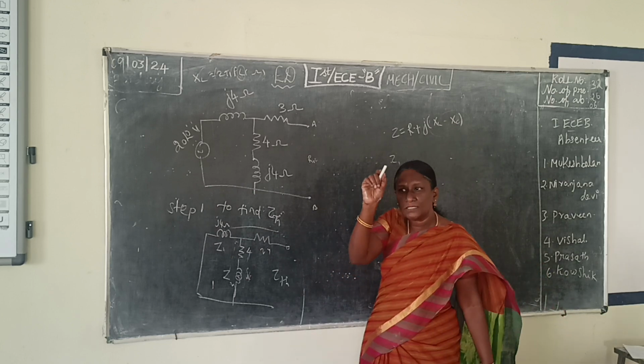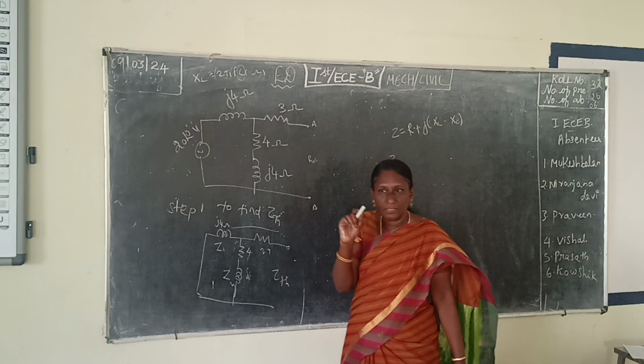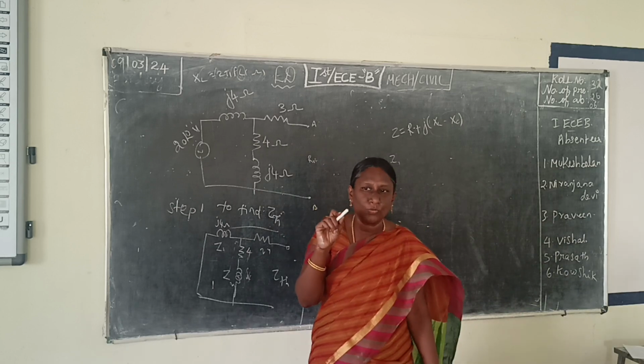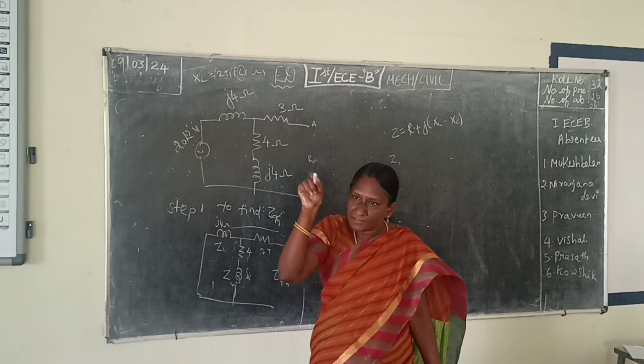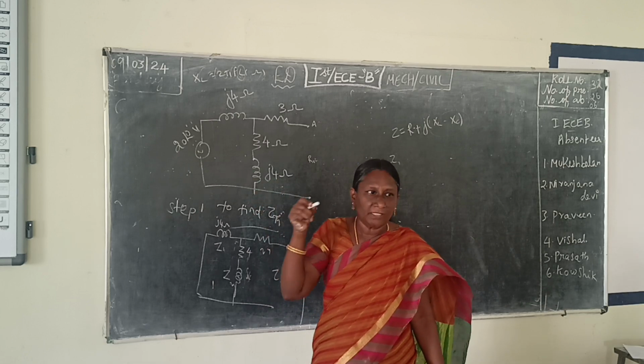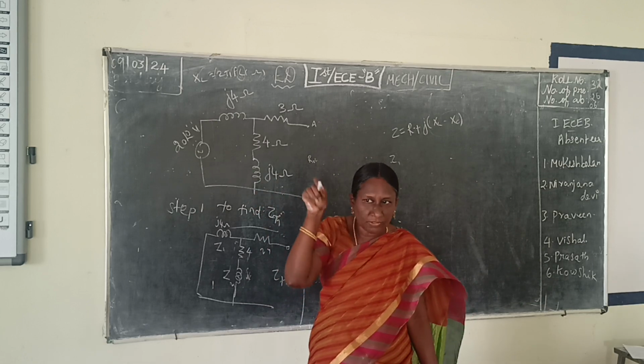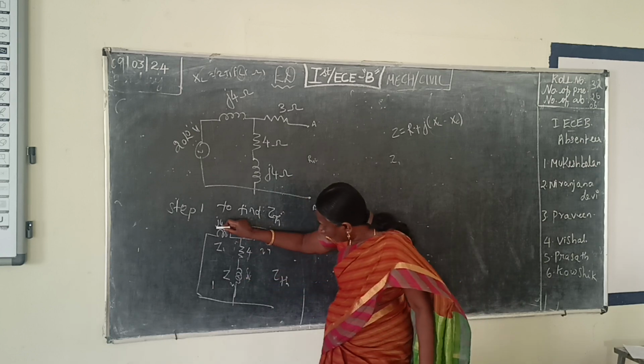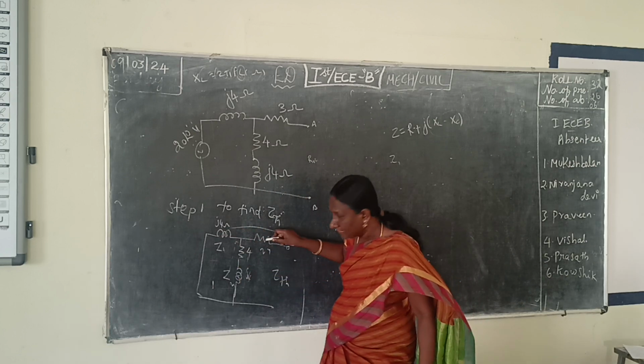So you are not taking each and every component. In a DC circuit we consider the resistor as an independent source, but impedance represents Z1, Z2, Z3. So this is Z1, this is Z2 and this is Z3.